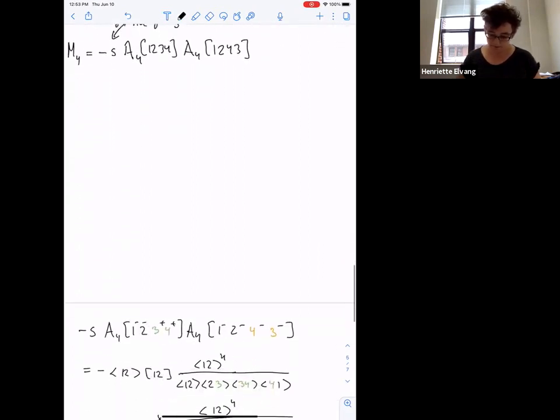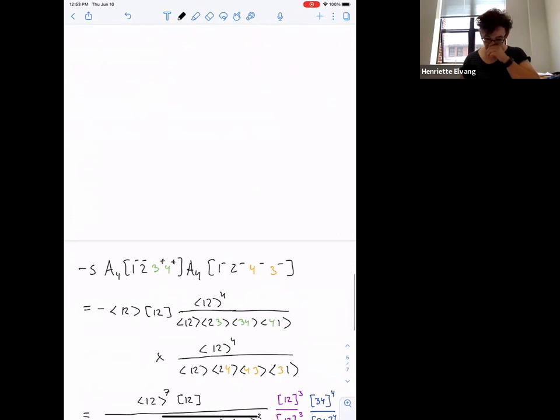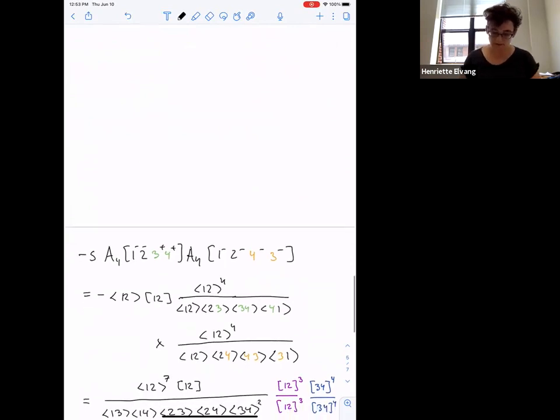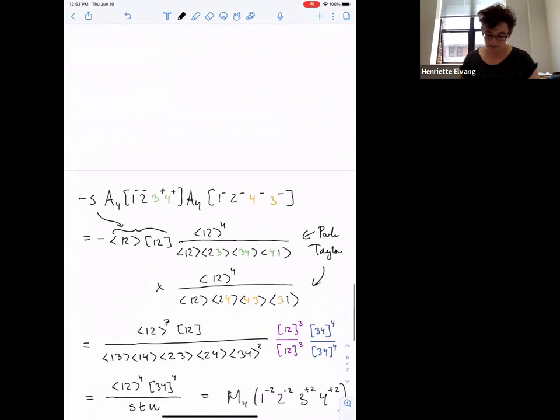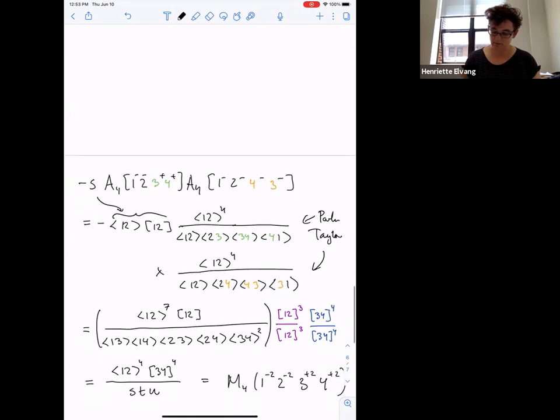Well, we know what these color-ordered amplitudes are when we pick MHV helicities. So these are the Parke-Taylor formulas that I showed you last time. The S here becomes this product of an angle and square bracket. These are Parke-Taylor amplitudes with the appropriate color orderings. Multiplying these things together gives you the expression here in black. And then I can multiply it and divide it by something that is really 1, and I can beat the heck out of it with momentum conservation.